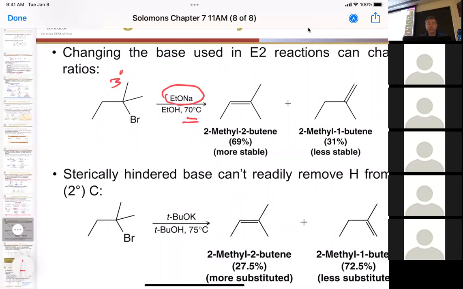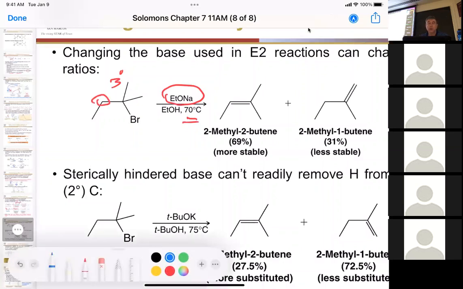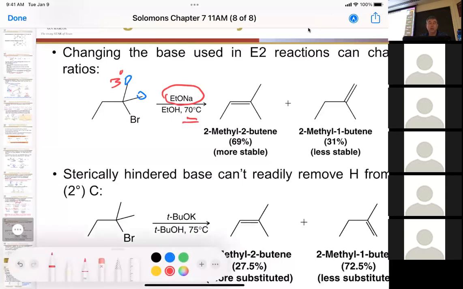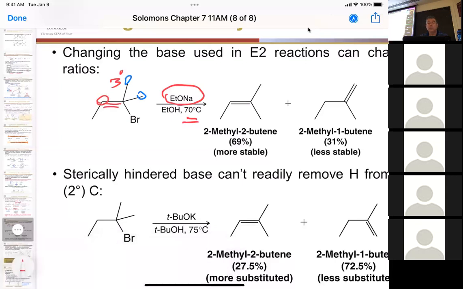So we have a choice of our beta hydrogens here or our equivalent beta hydrogens here. Are we going to use the ones on the right or the ones on the left? Well, the ones on the right are going to give us our more substituted double bond. Because it gives us the more substituted double bond, it's going to give us our major product.